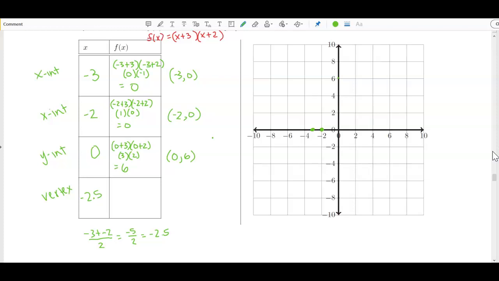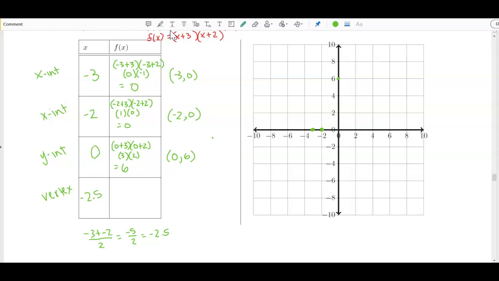What's happening here? Did I do that right? Okay. I don't have a negative or anything. And so then I can see what the shape of my parabola is looking like. These are my x-intercepts, and since it doesn't have a negative out in front, I know it's going to be a right side up parabola.